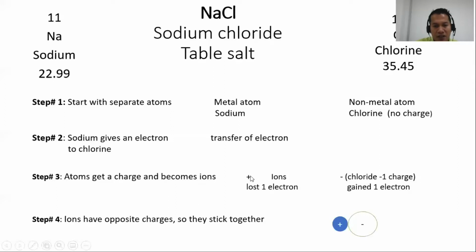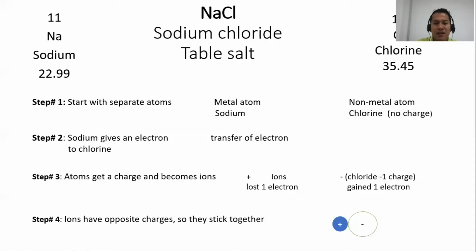Since this is positive, we call this a cation. Since this is negative, it is now an ion too. So this will become a sodium ion and a chloride ion. What are the charges? Positive for sodium, negative for chlorine.